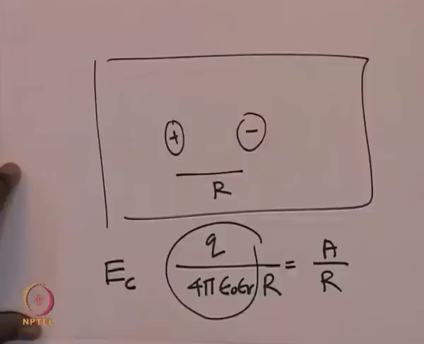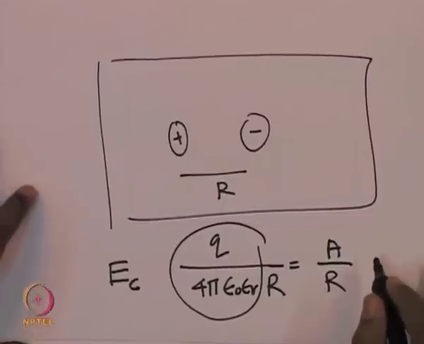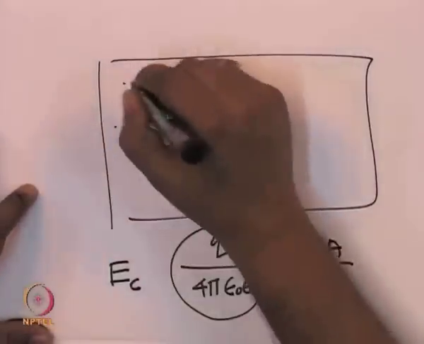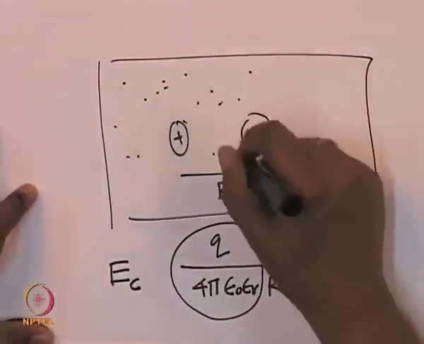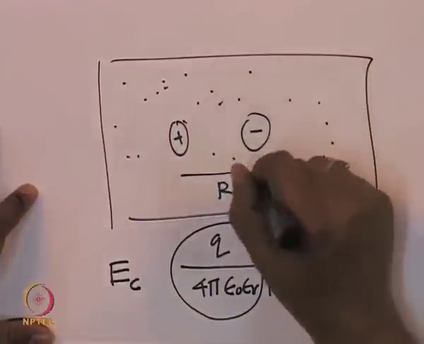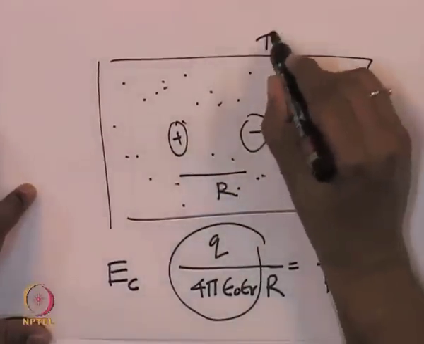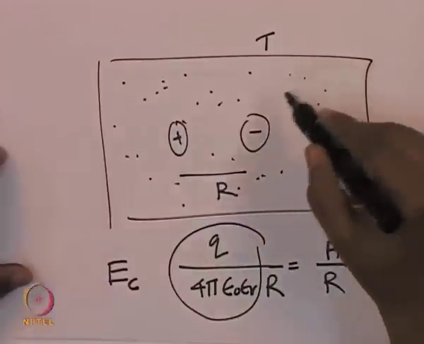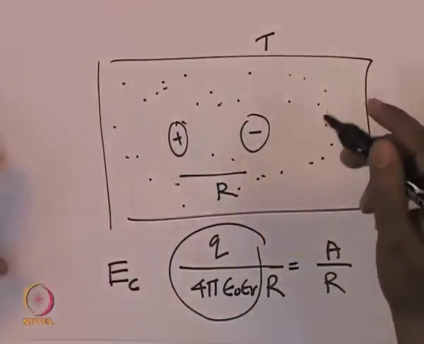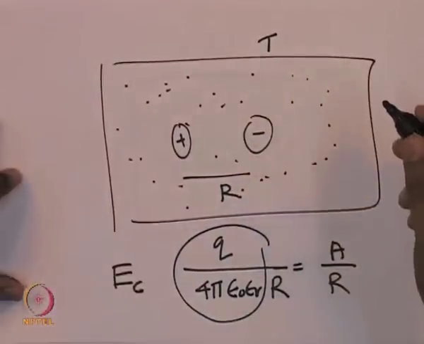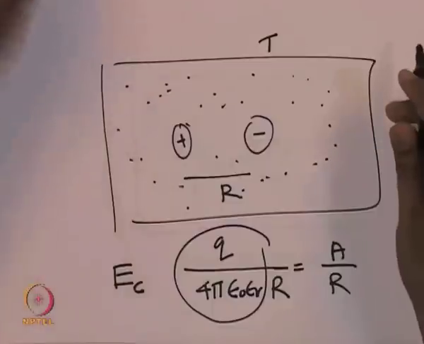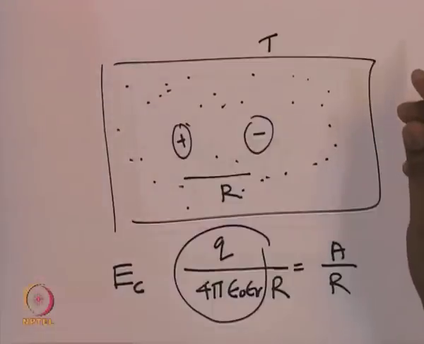Now, there is water, and water will do Brownian motion at a temperature T. When they do Brownian motion, there is an energy which we can call thermal energy.